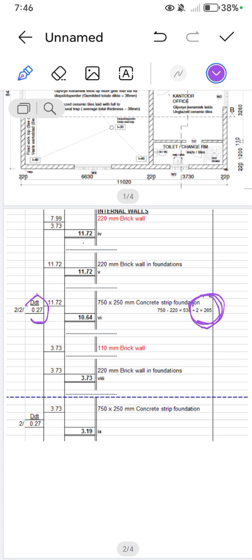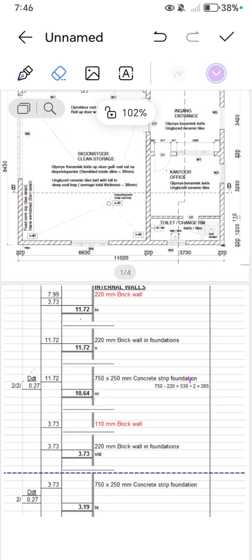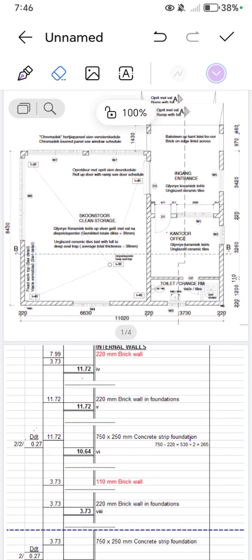Then the last part, I'm just going to brush over it since I've already explained it in the other video. The 2x2 that you see here was the one for the T's. So here they were doing the 220 millimeter brick wall. If you look at these walls, like I was mentioning, internally on the 220 we have a T here, we also have a T here on this one.